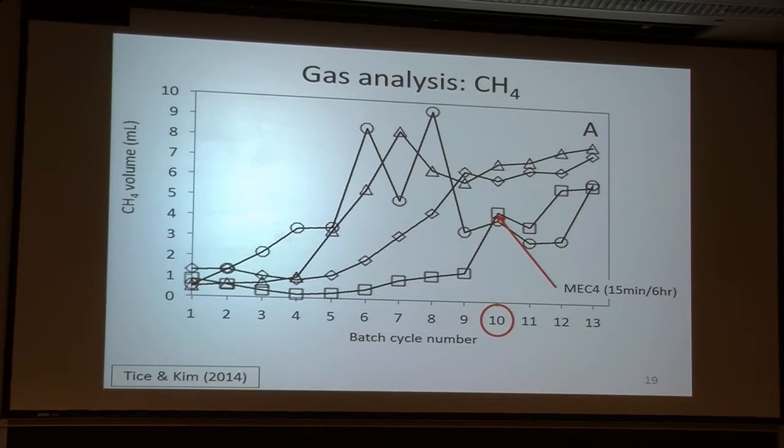So it is not that good. And if you look at the control reactor, at cycle 9 we started producing oxygen. So you can see a certain drop of methane in the control reactor, and it stays a little low for 4 cycles, and then it went back up to like 6 or 8 milliliters of methane.